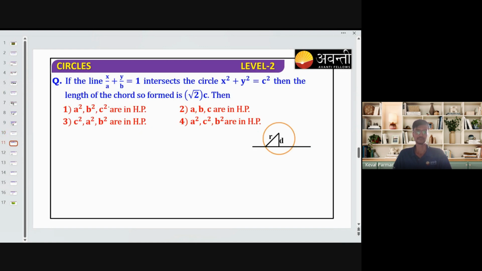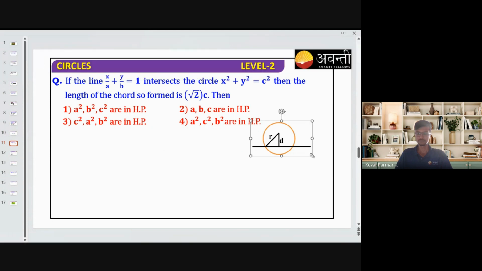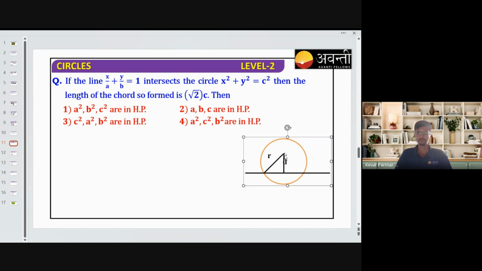Let's see the questions. Again, I have drawn the diagram. So, if the line intersects the circle, then the length of the chord. I hope you remember we have discussed the length of the chord. Let me expand and see clearly.